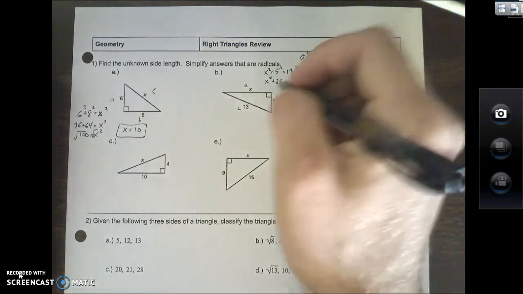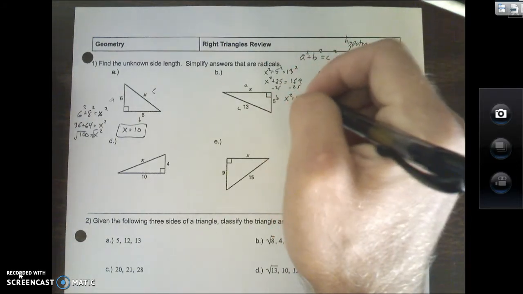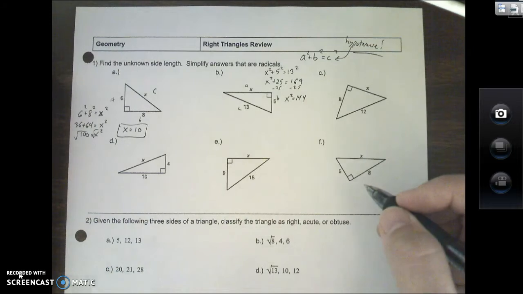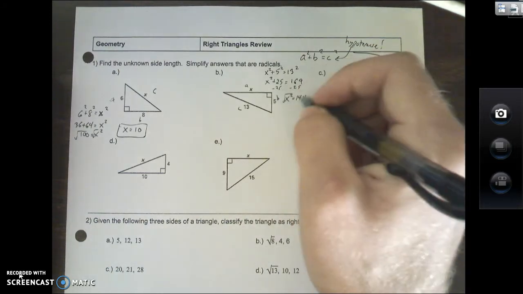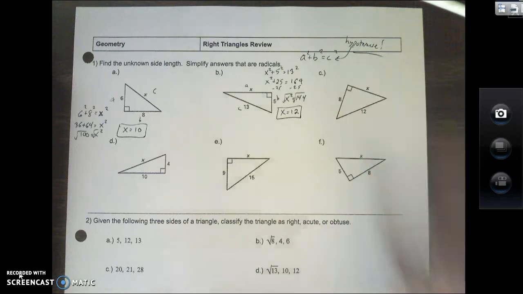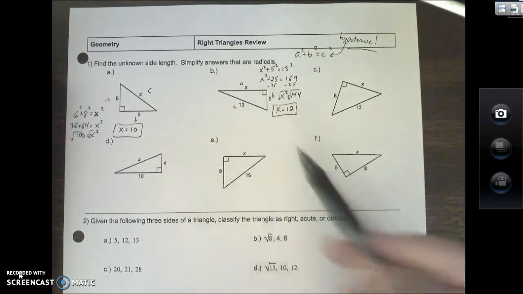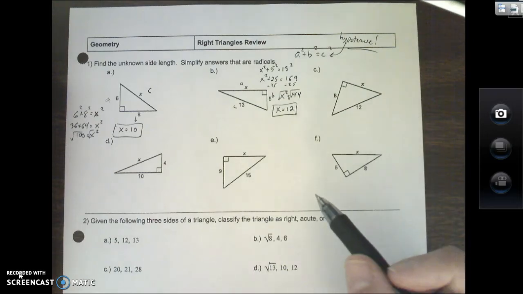I can subtract 25 from both sides. X squared equals 144. You may square root left and square root right. Your x is 12. This is another Pythagorean triple, a 5, 12, 13. They're all rational numbers. You're all good to go.